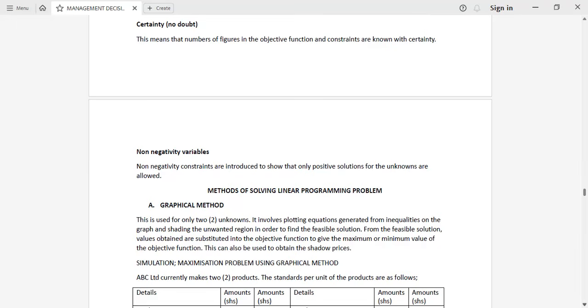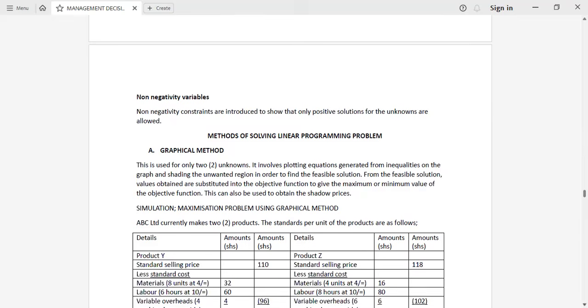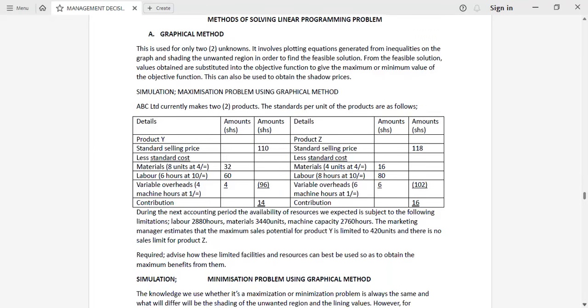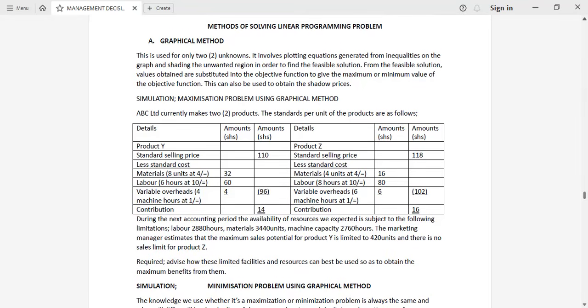So those are the things that we may try to look at, and probably we shall explain some of the others when we see them as we go through the different things that we have to talk about. So with linear programming, we have some methods that we use to solve our linear programming problem.